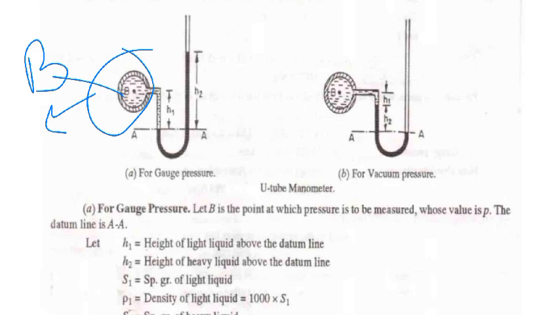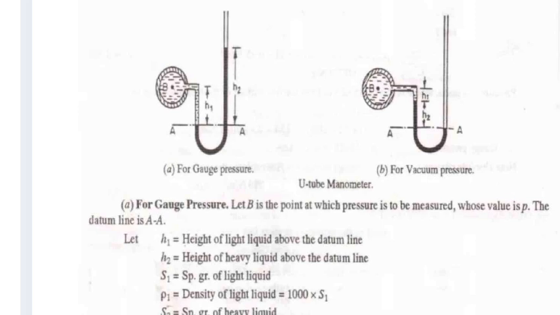H1 is the height of the liquid above the datum line, and H2 is the height of the heavy liquid above the datum line. Suppose this is the datum line.